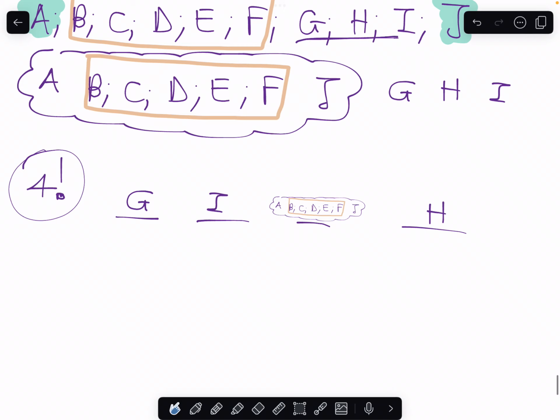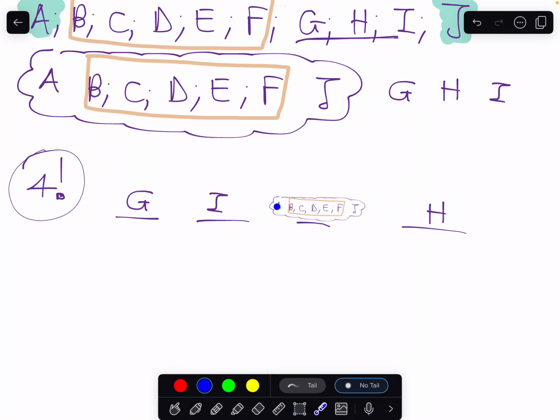Okay, then now within an arrangement of these 4 items, A and J can be switched around to create another arrangement. So that is where the times 2 is coming from, is we could either have A and then J, or J and then A.